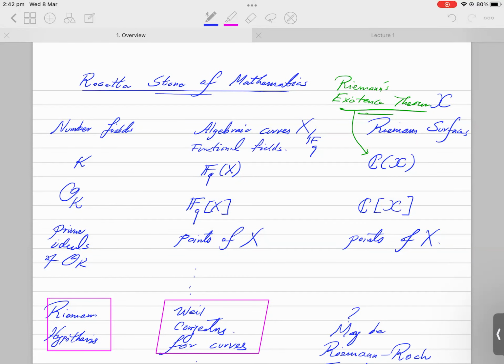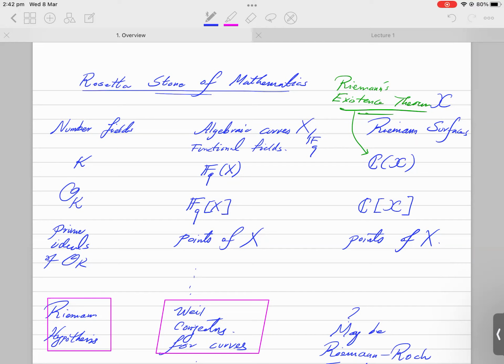And on the third column, we have the Riemann surfaces. So if you think about a number field K, then you should think that in our dictionary, K corresponds to rational functions on an algebraic curve or functions on a Riemann surface.